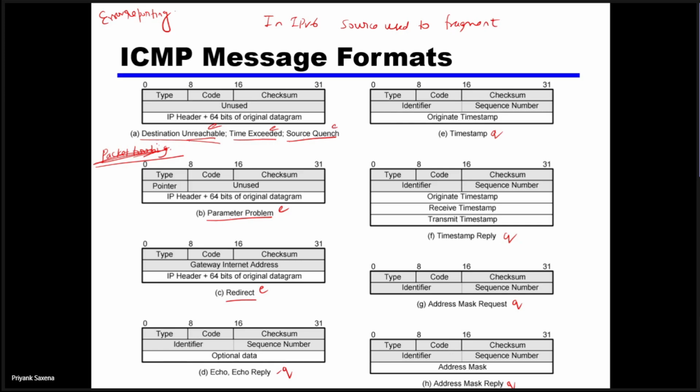The other routers which have the subnet mask will reply back with this address mask reply message to that particular router. In that way, the router comes to know about the address mask, right? So these are the ICMP messages. ICMP is just to report feedback, giving feedback about the problems in the network.